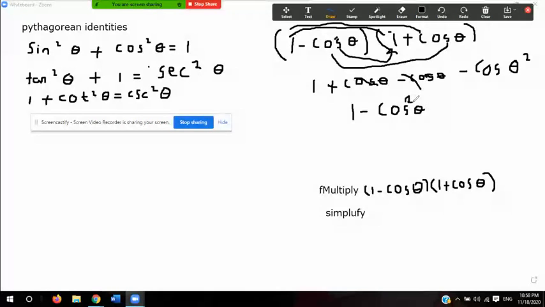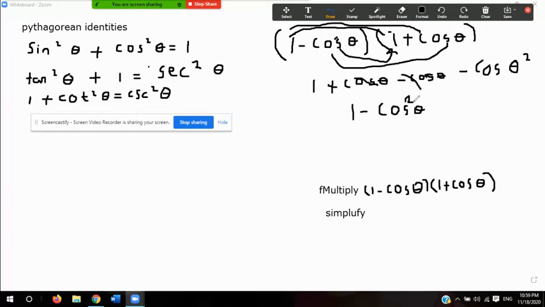And that's what we have left over from that expression. So 1 minus the cosine of theta times 1 plus the cosine of theta equals 1 minus the cosine squared of theta.